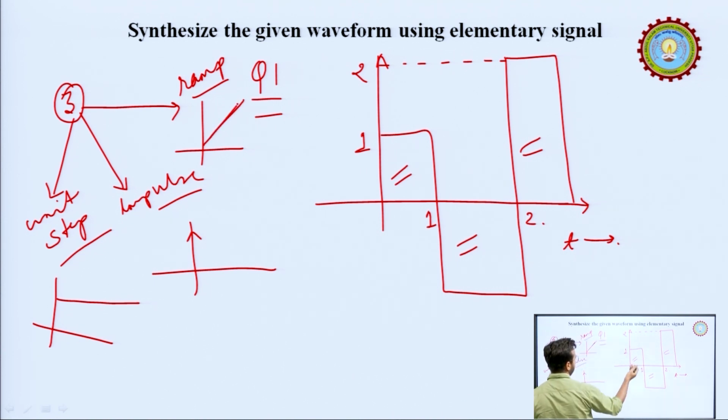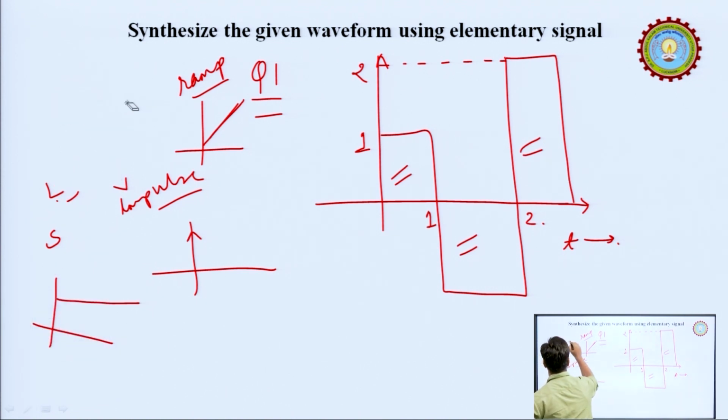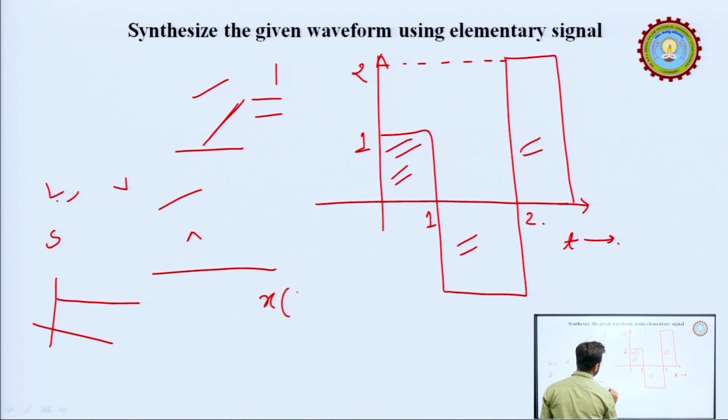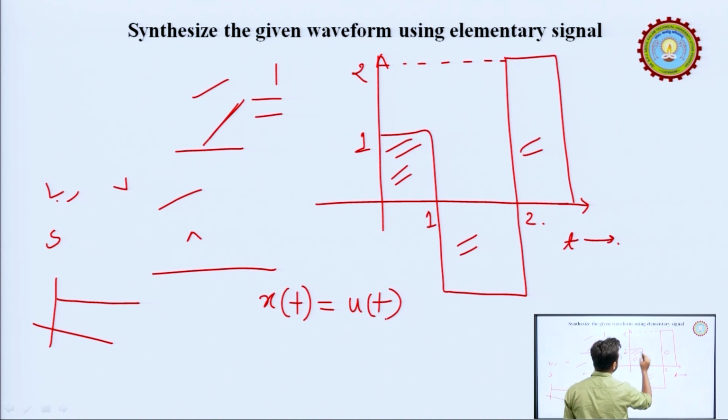If we try to divide this waveform into elementary parts, we can see that it consists of unit step signals. Let us see how to write the mathematical form. First, suppose this is x(t), we can write u(t). u(t) exists from 0 onwards, so it will go like this.